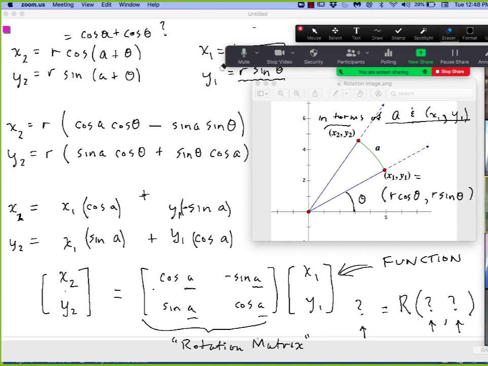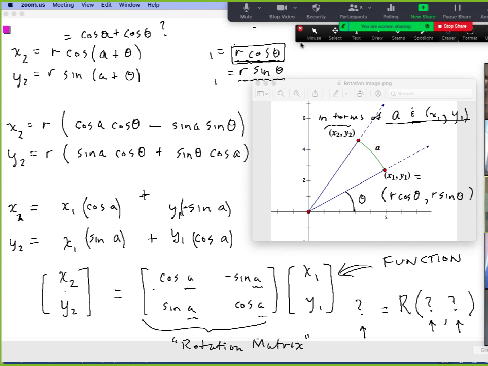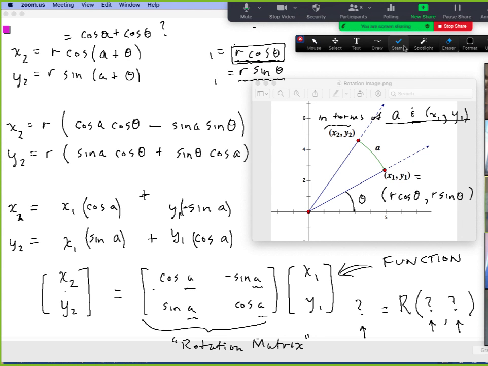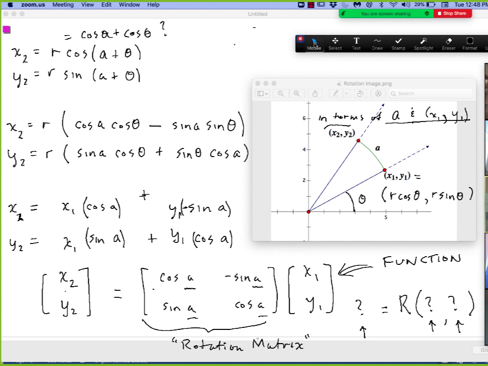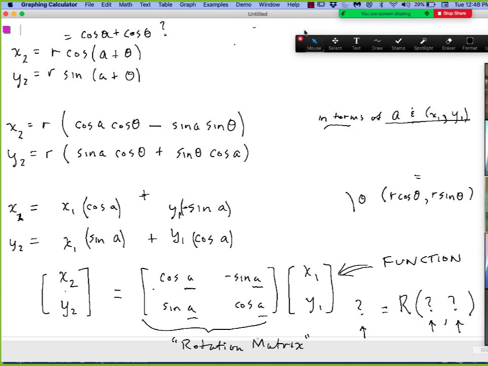So I'll come up here. Say I was going to define a function, f of x equals, say, x cubed plus 2x plus 1.